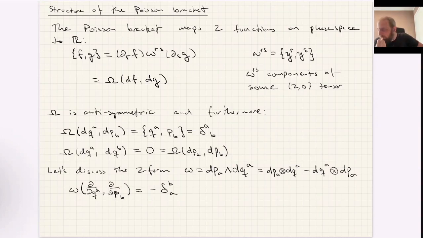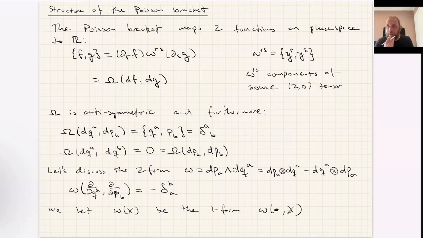Just by the definition of this two form. So I'm now going to introduce a little bit of notation. We let omega of x be the one form that we get by plugging in x into the second argument, right?